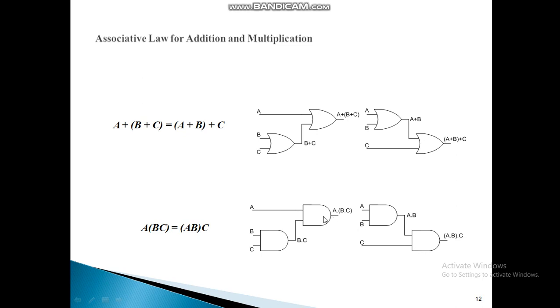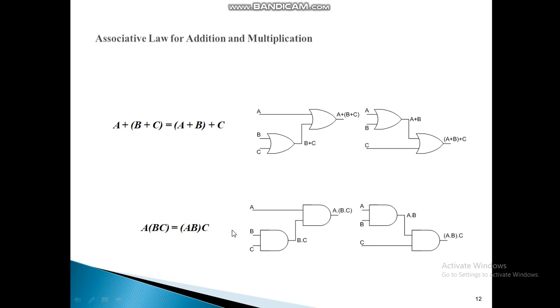Now if we put in values of A, B and C, for example A is equal to 0, B is equal to 0 and C is equal to 1. Here B is equal to 0, C is equal to 1, the result is equal to 0. Now multiplying with the value of A, which is 0, 0 multiplied is equal to 0, so the result will be equal to 0.